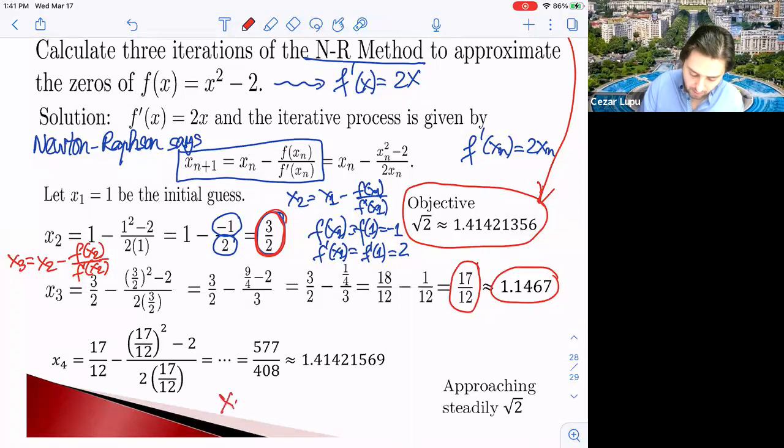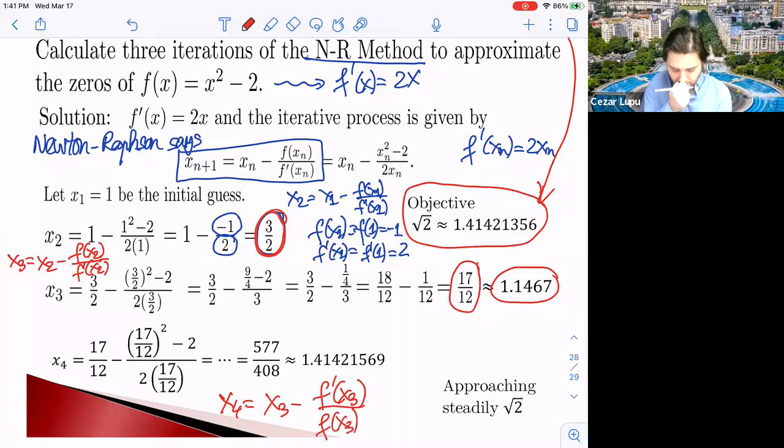So x4, let me write it here, is nothing else than just x3 minus f of x3 over f prime of x3, right? But x3, we know that is here, right? So we just replace this, and then we just keep going.